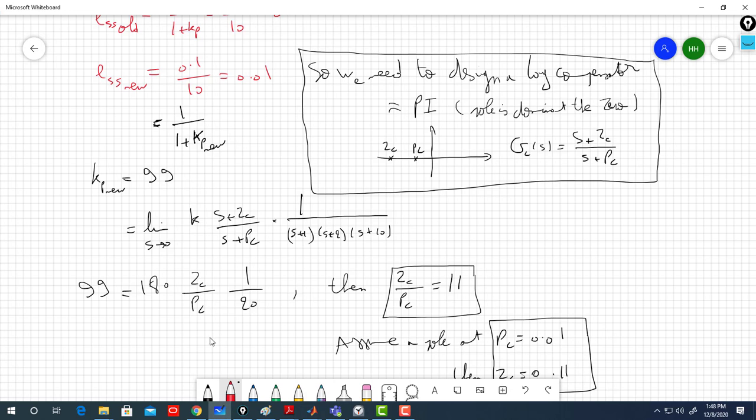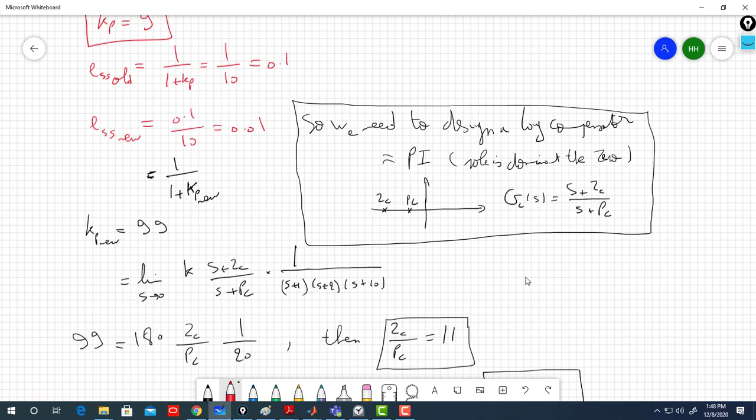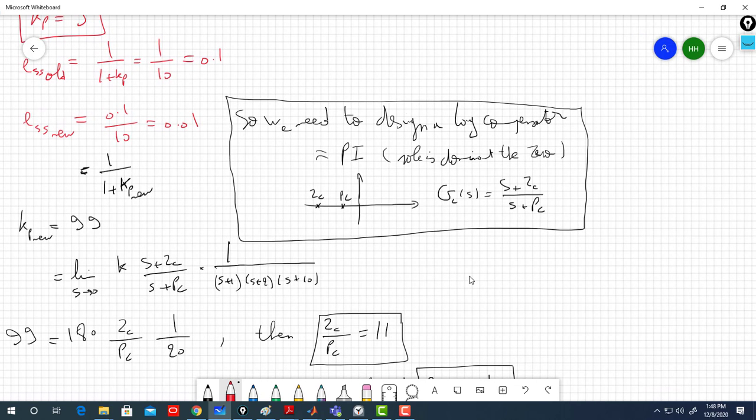And it is equivalent, as we said, to a PI controller. If you think a little bit, the PI controller in the form that we know is Kp plus Ki over S. If I take S common, you get Kps plus Ki.